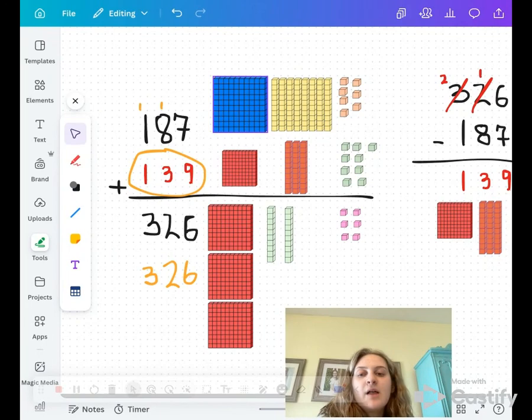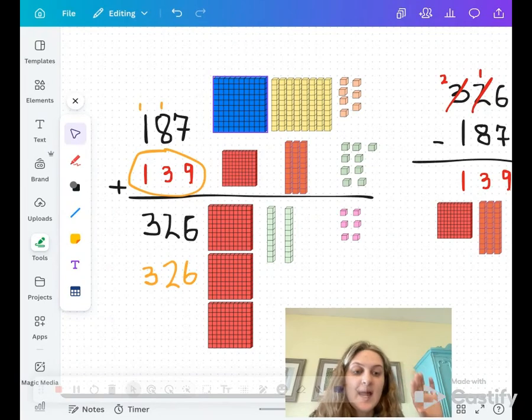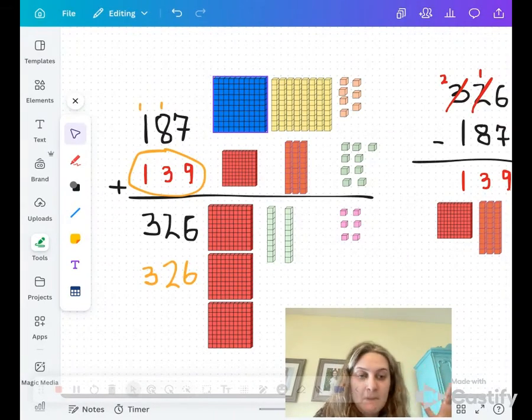Another thing that's a challenge is reminding students that when we regroup, the total value does not change. We still had 326 when we traded, but it just looked different. It was just a different representation of the number because we regrouped the hundreds and the tens into different place values.